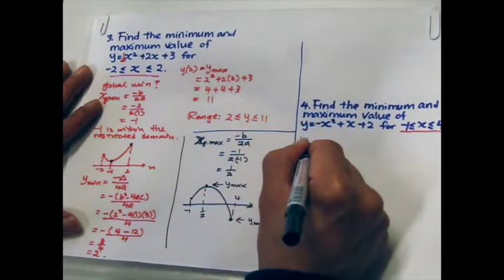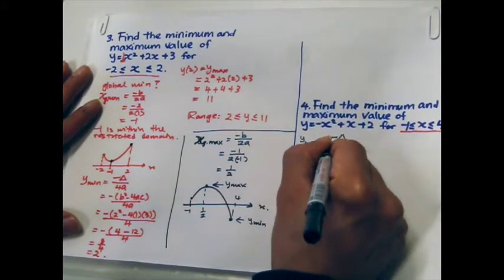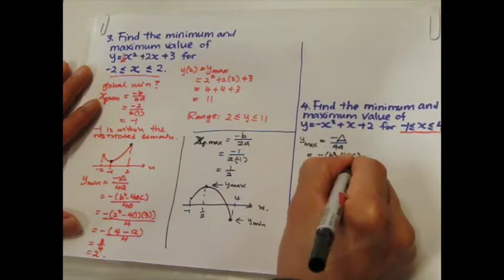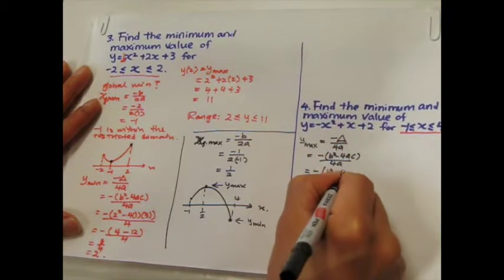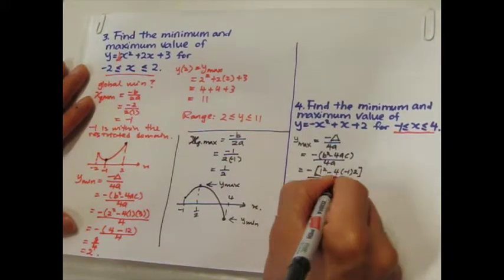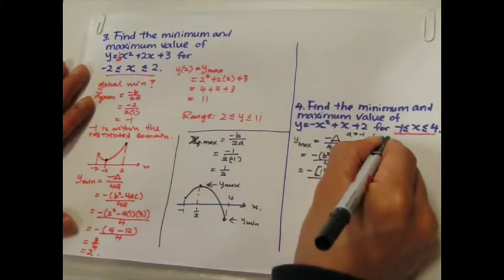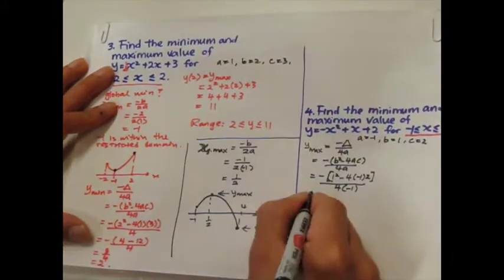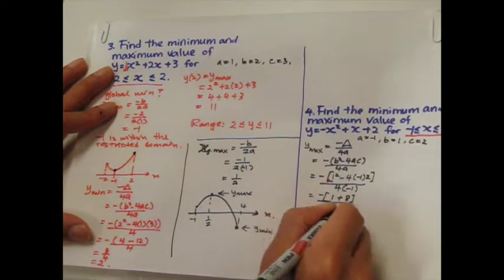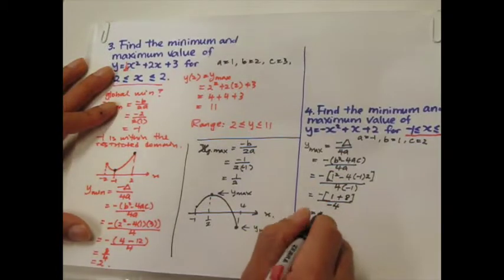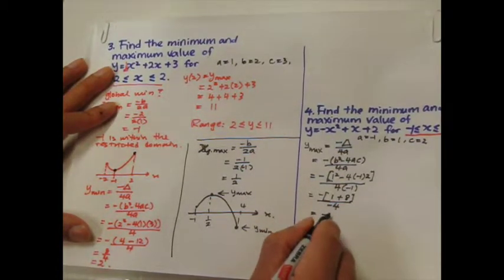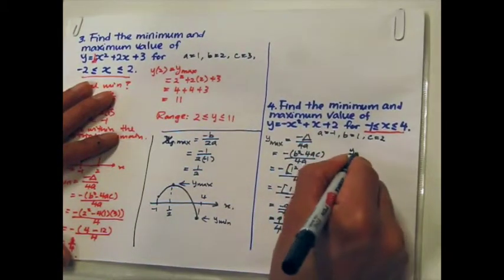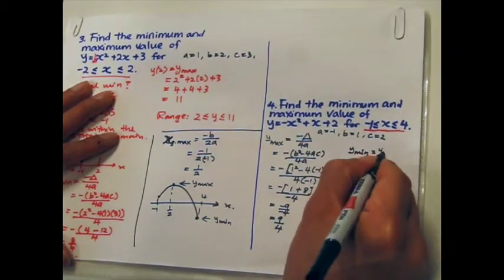So the y max in this case is negative discriminant over 4a. And y minimum happens at y of 4.